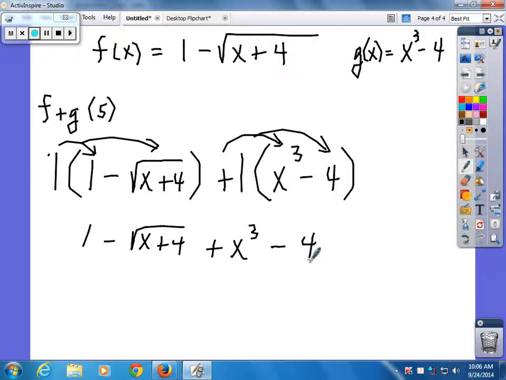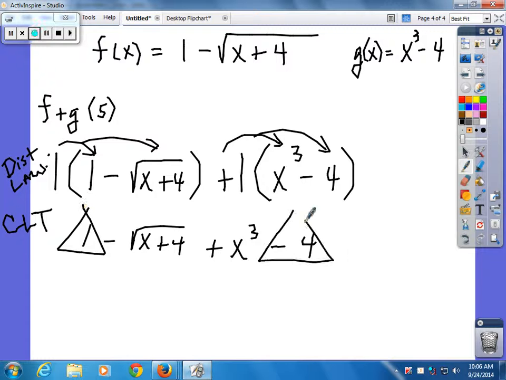This is called the distributive law. And 90% of the time, what do you do after you distribute? Combine like terms. And there's only 2 like terms here. This guy and this guy.